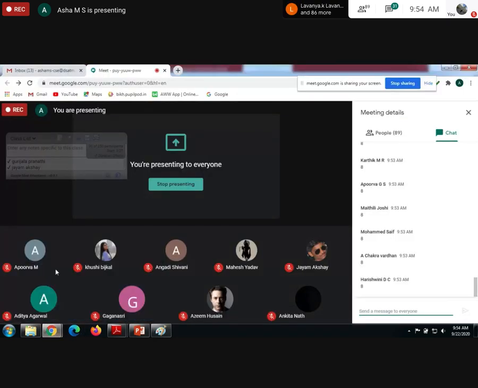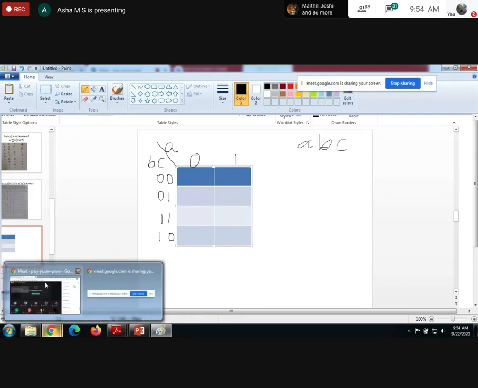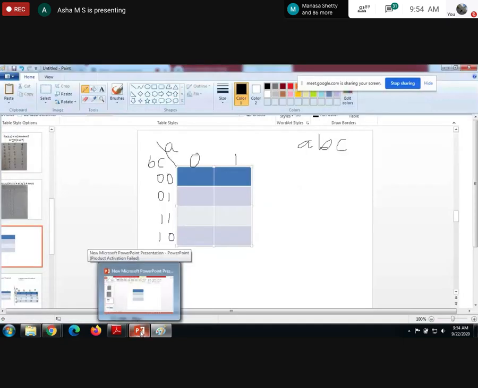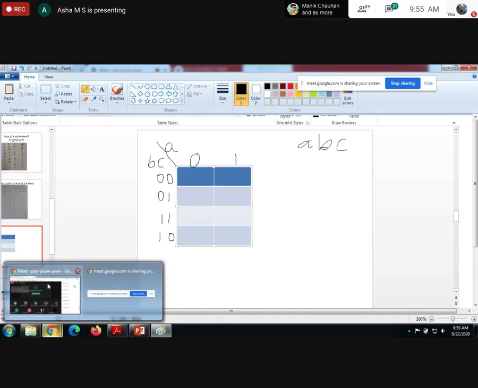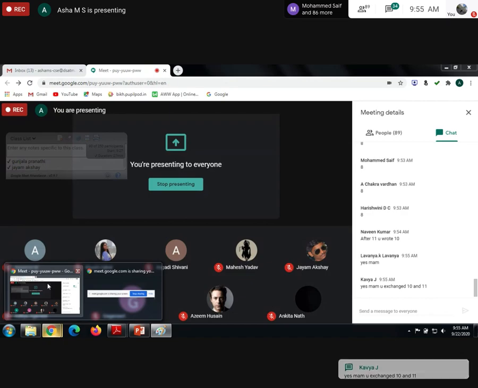Have you observed something here? How I have written the 0, 1 combinations? Guys, you need to reply; if you are not replying, how will I know you are getting it? After 1 1, I wrote 1 0. You exchange 10 and 01 like that.